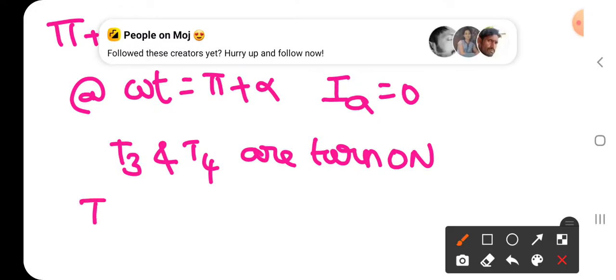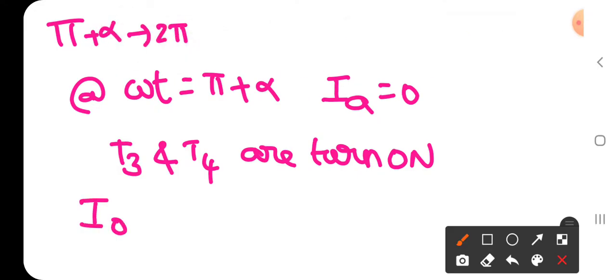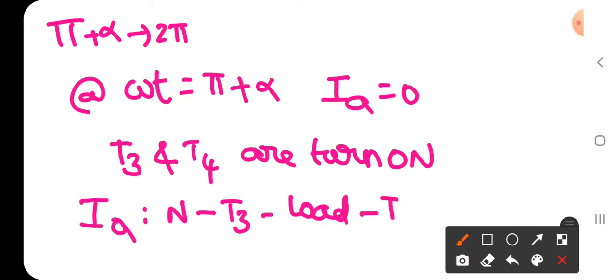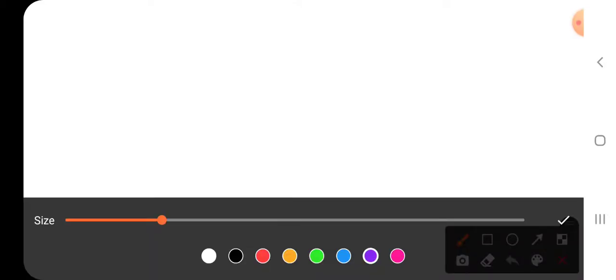Then how will the current flow? Just go through the circuit diagram and see how the current flows in the circuit. IA flows starting from N to T3, to the load, or you can also treat it as the motor, to T4, to L, and L to N again. I will draw the circuit diagram like this. Let me assume the input voltage is VLN.